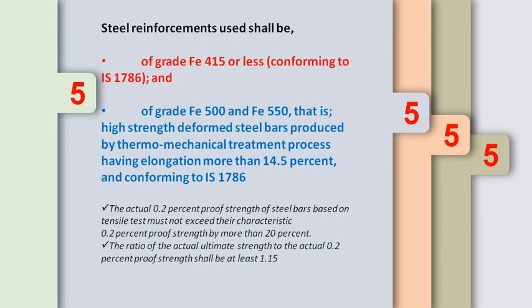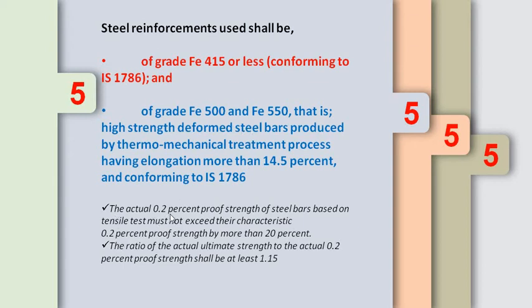Then of grade Fe500 and Fe550, that is high strength deformed steel bar produced by thermomechanical treatment process having elongation more than 14.5% and conforming again to IS 1786. These are the requirements of our steel reinforcement.